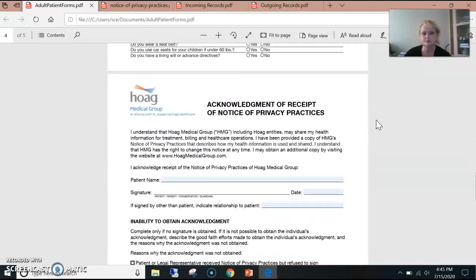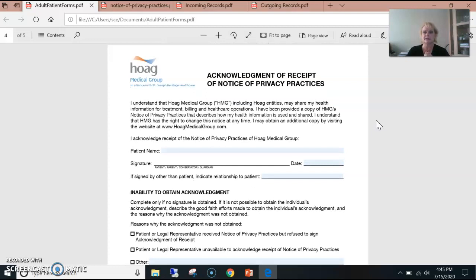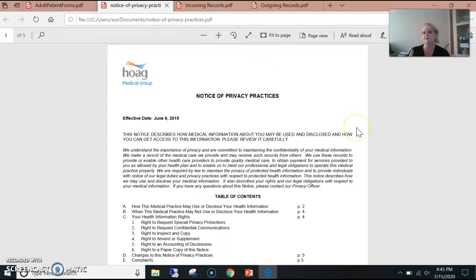Here it is. So this is that HIPAA form. You have to make sure to have the patient sign it, that you've given them the notice of privacy practices, how their health information can be shared. And then this is the handout you give them, so they keep this. This is the notice of privacy practices. So you have this and then the forms on top for them to fill out as new patients.